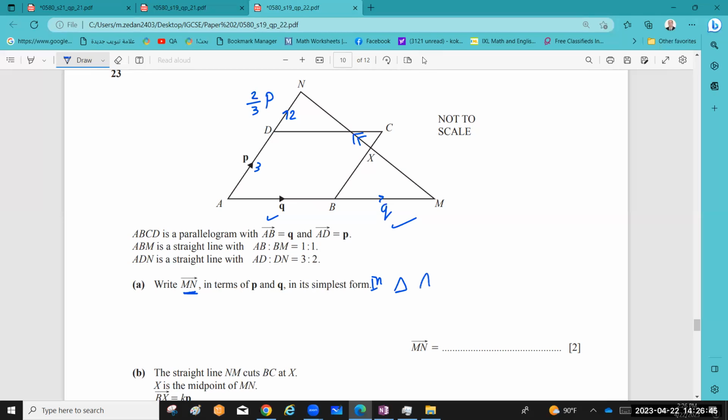AMN. The vector MN that you want is simply MA plus AN.